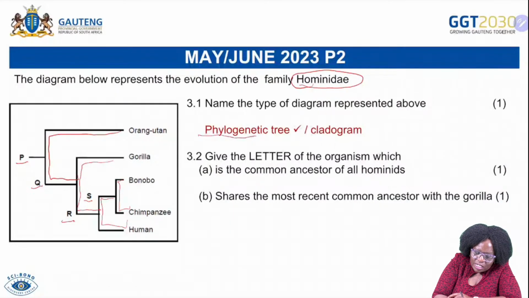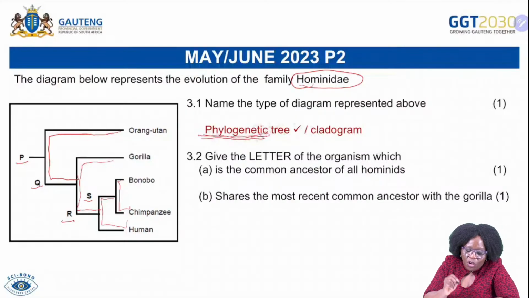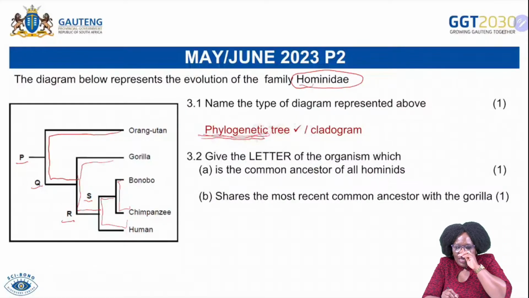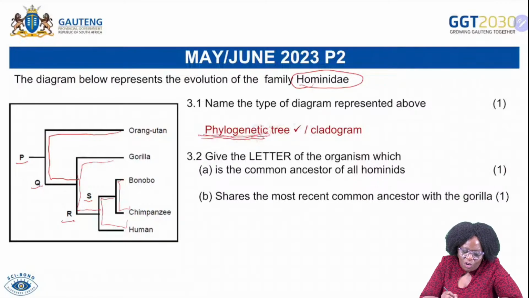Learners sometimes have a weakness of failing to write it fully. They'll write phylogenetic or cladogram and not phylogenetic tree. You get your full mark by telling us it's a phylogenetic tree. And because the question said the diagram, that is why the tree is part of your answer and you have your tick there.